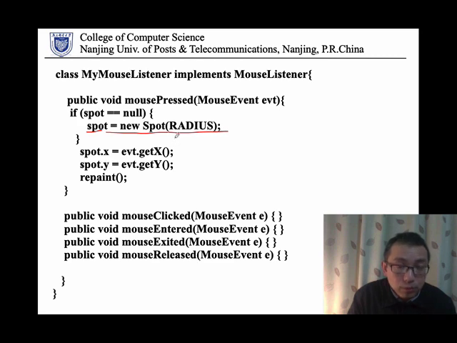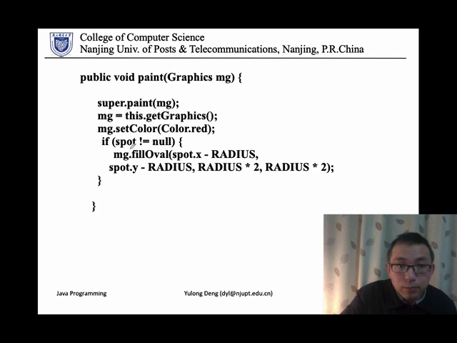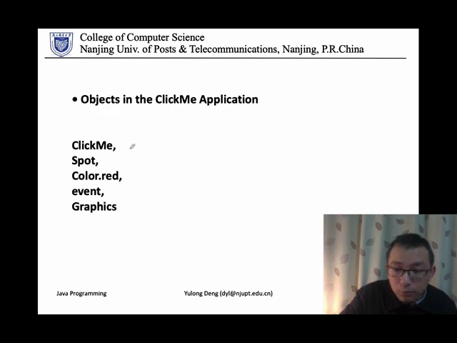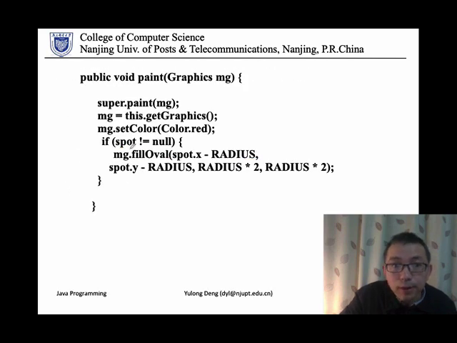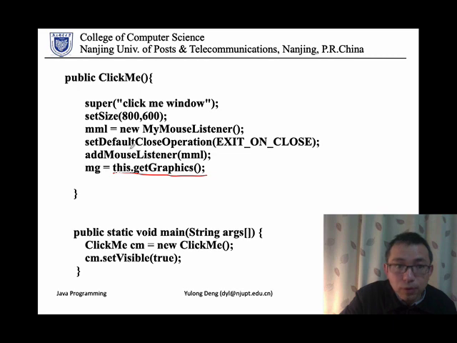We'll talk about it in detail in the fourth chapter: with the new keyword we create an object based on the class, the blueprint. We create a spot object, and the mouse listener. Where's the mouse listener? Well, just here.